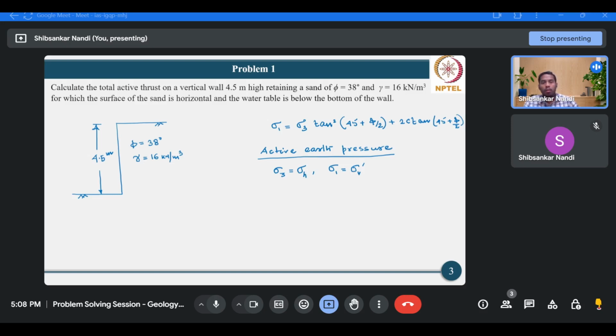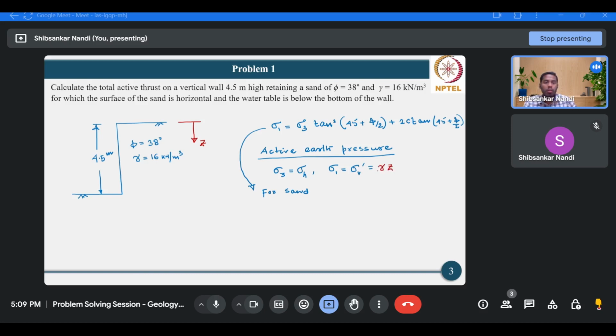Now if we rewrite this equation for sand, sigma v prime, if we take the reference at the top surface of the backfill, where z is measured from the top surface of the backfill, sigma v prime will be gamma times z.